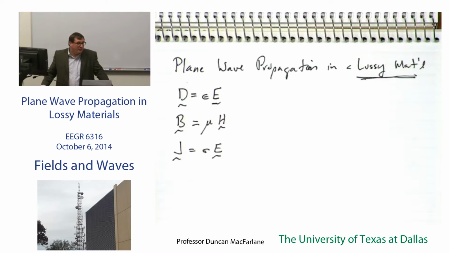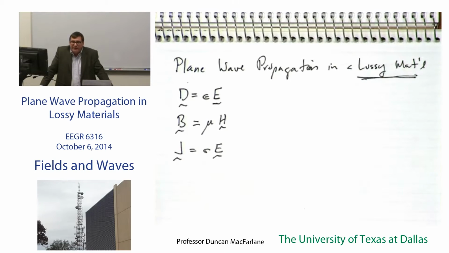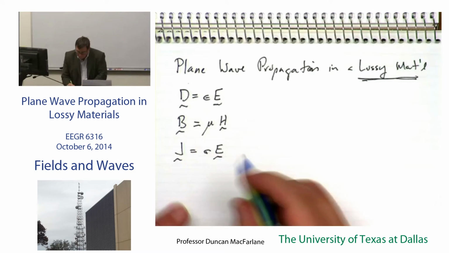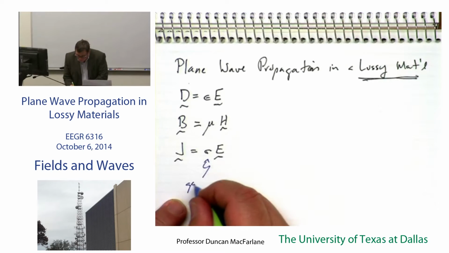So therefore, I can generalize and say every time I see a conductivity, I can use that to indicate a loss of energy out of the electromagnetics of the system and into another type of energy, usually heat. Okay? So I'm going to look at sigma as a general measure of loss.